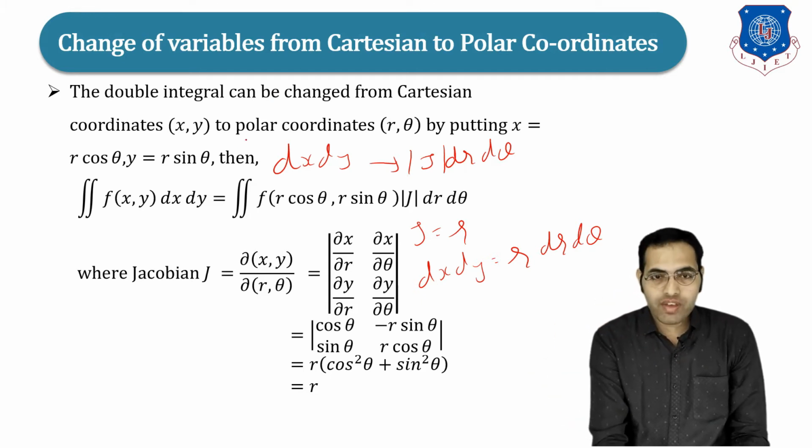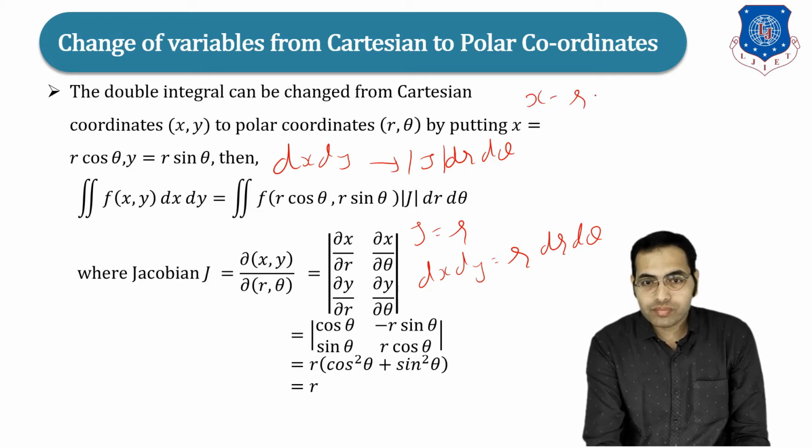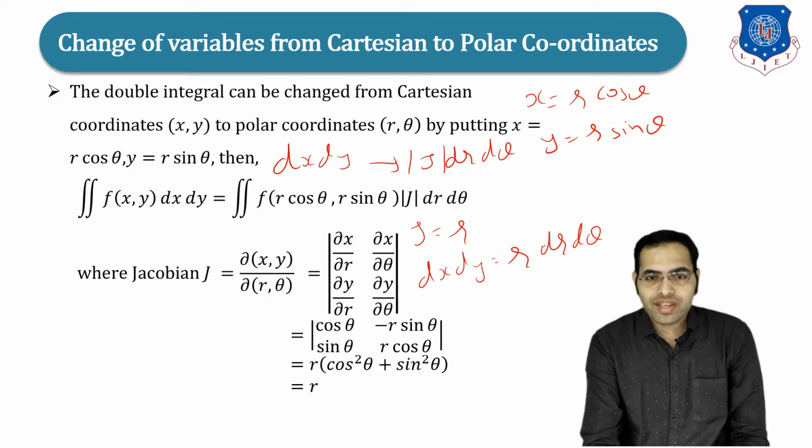For that we replace x by r cos theta, y by r sin theta, dx dy by r dr d theta, and x square plus y square equals r square.